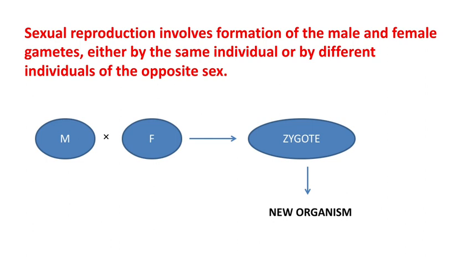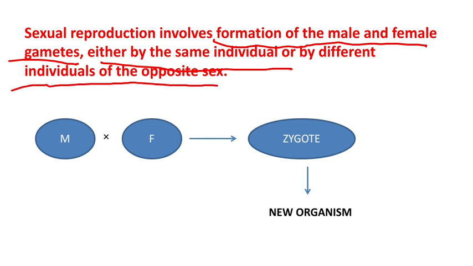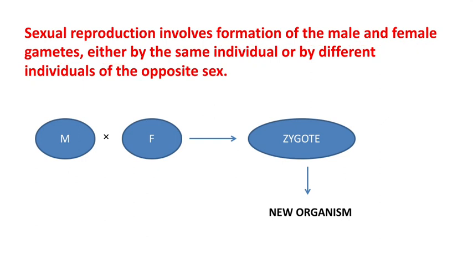So let's look at the definition once again. Sexual reproduction involves the formation of male and female gametes, either by the same individual, meaning the same individual can give rise to both male and female gametes, or by different individuals of opposite sex.